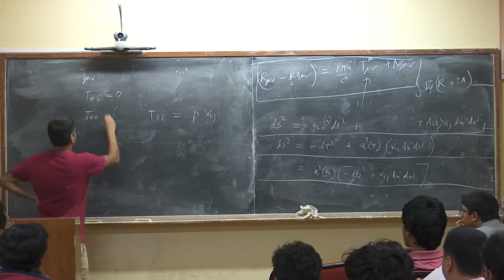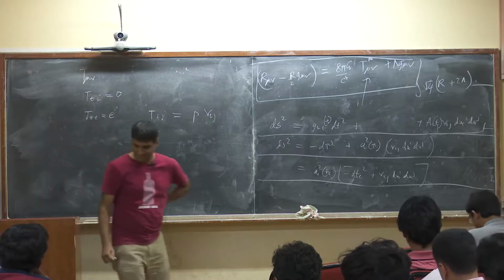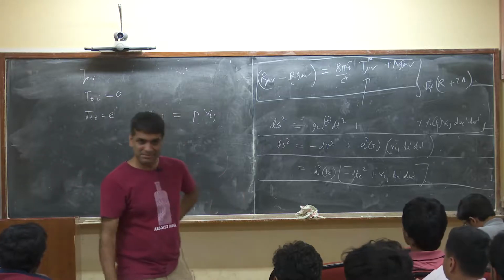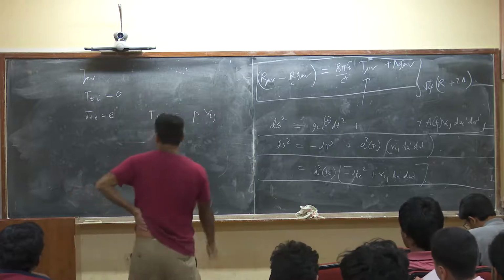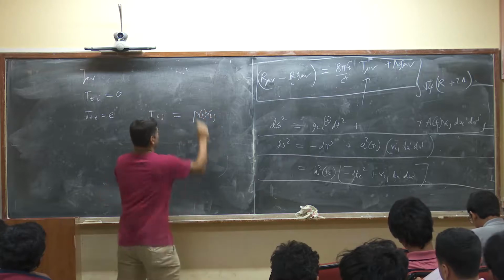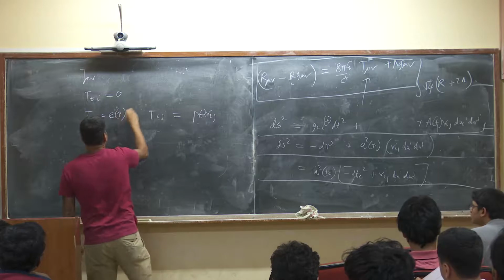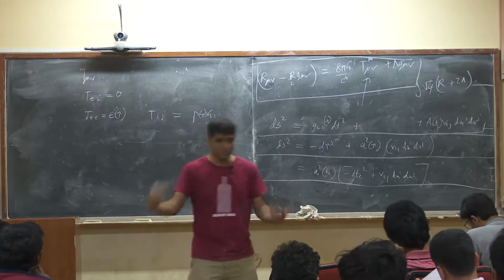And Ttt will have to be something. Okay? Both of these, I'll use tau for now, but it could have been tc, that doesn't matter, are functions only of tau.